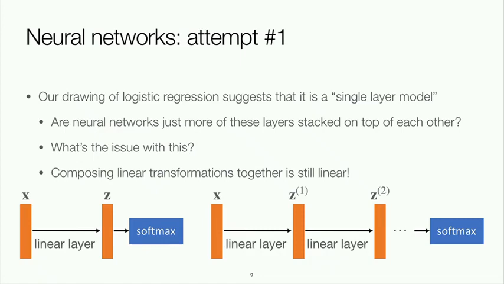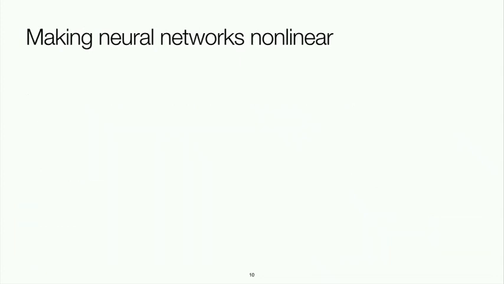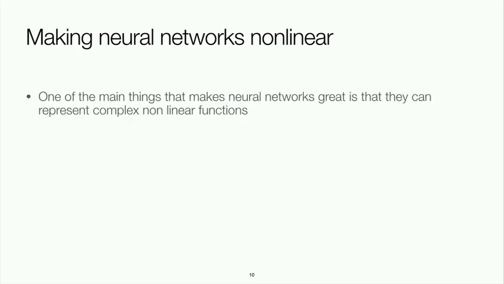So what we need to do, in order to fix this particular picture and not just end up with something that's just linear, is to make neural networks nonlinear. This is the key idea, the secret sauce behind what makes neural networks useful in terms of learning good features. One of the main things that makes neural networks great is that they can represent these complex nonlinear functions.